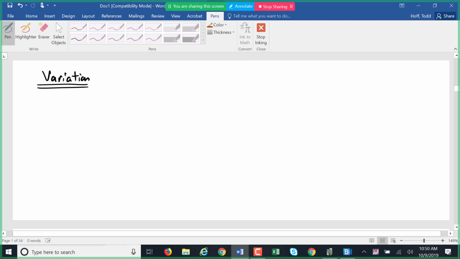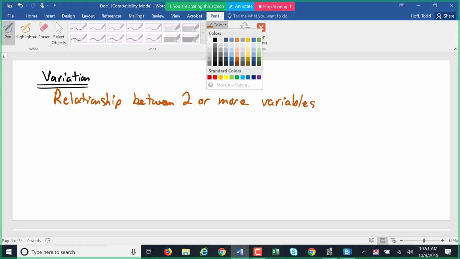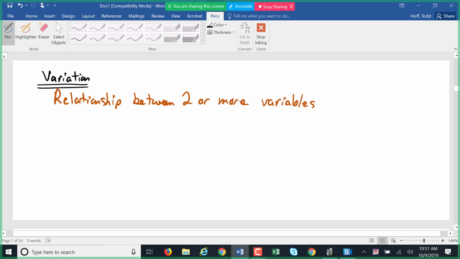I've done some work in engineering, and variation talks about the relationship between 2 or more variables. It's usually the most useful in practice when we can get it down to just two variables and everything else can be held constant. But we'll look a little bit at some relationships between more than two variables, three or more.